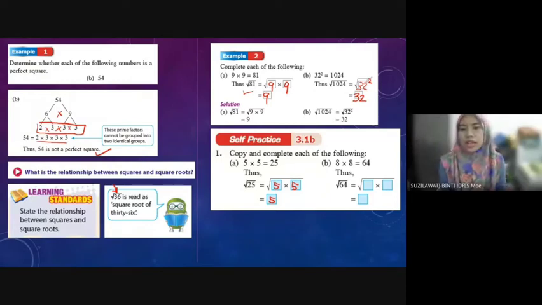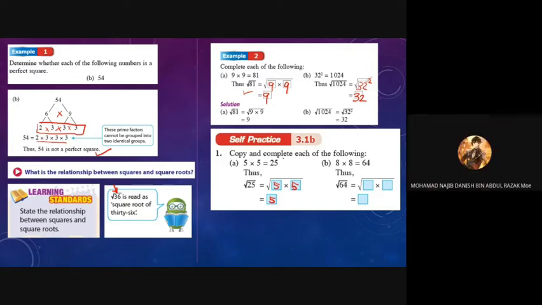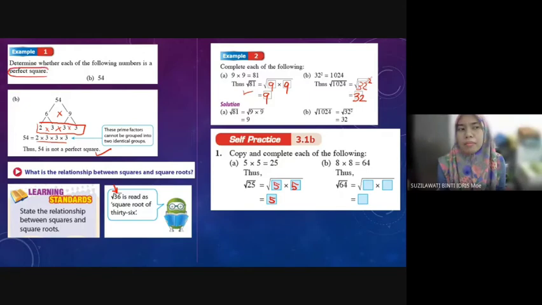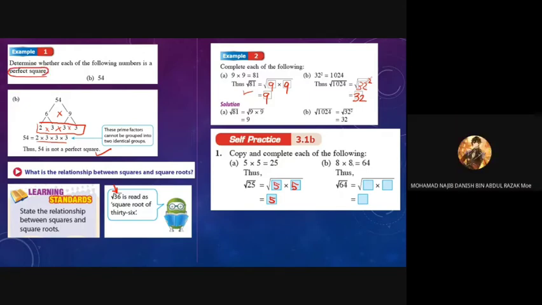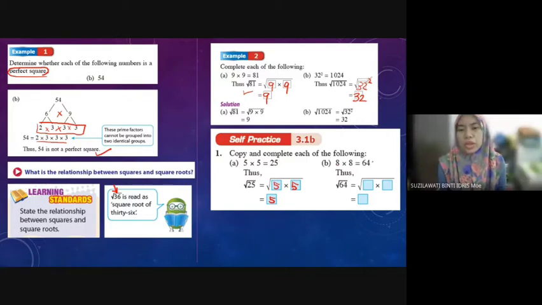Okay, let's look at B. Square root of 8 multiplied by 8 equals 64. Thus, this is another example of a perfect square. 25 is a perfect square. 64 is a perfect square.